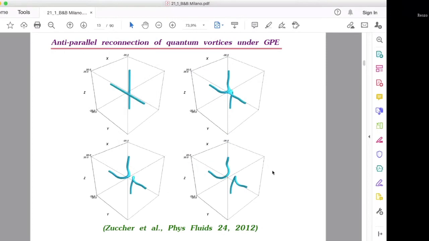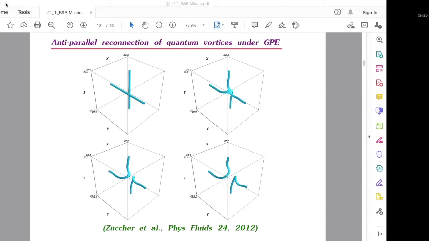In the simulations of 2012, a very famous paper, you can see again the reconnection starting from perpendicular to become anti-parallel in this particular case, and reconnection goes on.